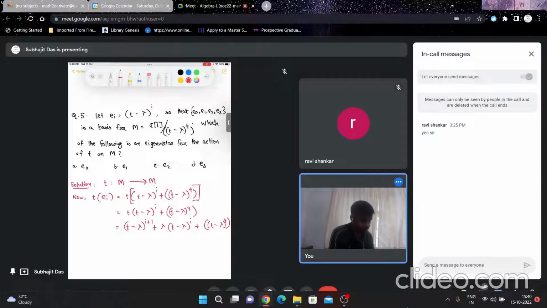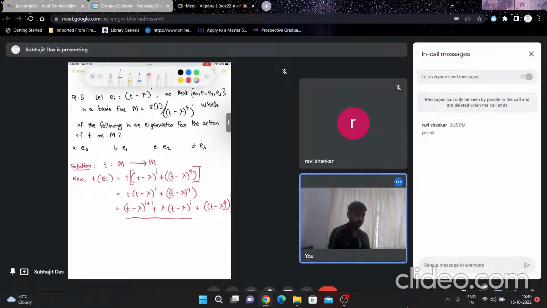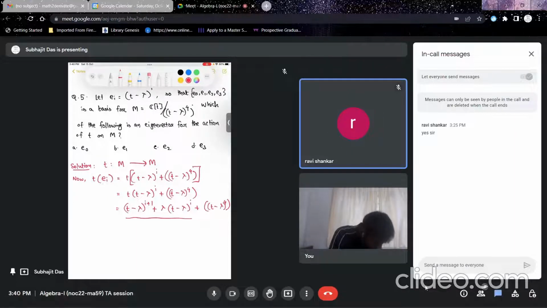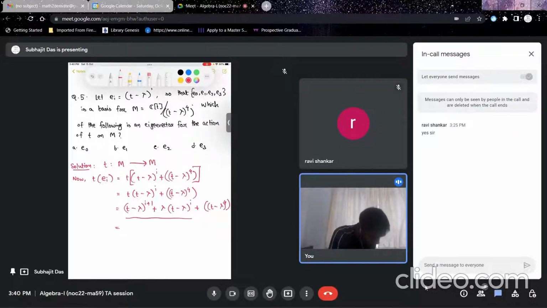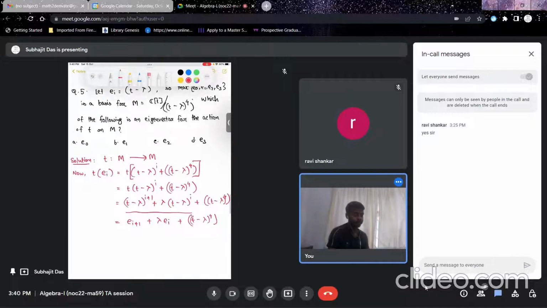So this is (t minus lambda) to the power i plus 1 plus lambda times (t minus lambda) to the power i. And what is (t minus lambda) to the power i plus 1? This is e_(i+1) plus lambda times e_i plus the ideal generated by (t minus lambda) to the power 4, right? This is the coset of the ideal generated by (t minus lambda) to the power 4.